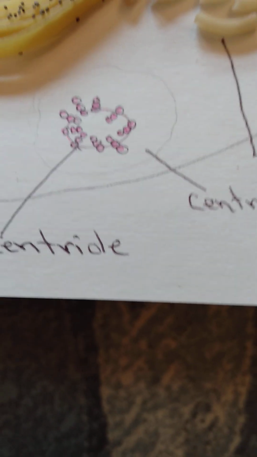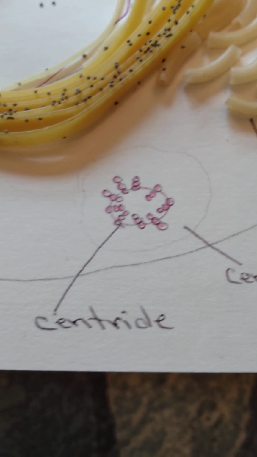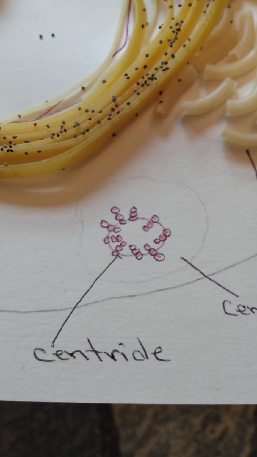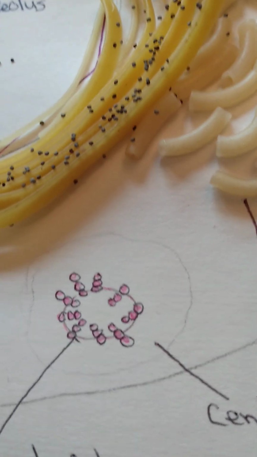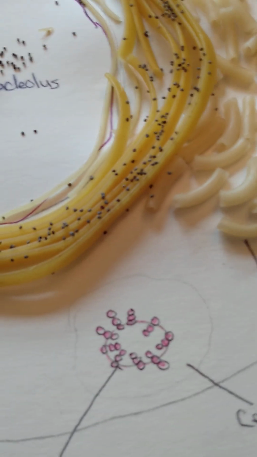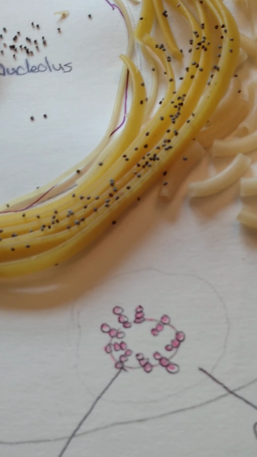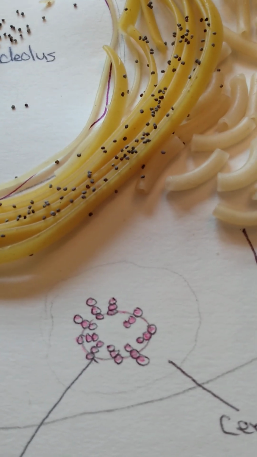The next organelle that I will speak of is the centriole. I am not an artist, cannot find food to represent the centriole, so here is my drawing. The centrioles, they're paired organelles. There's 9 groups of 3. They look like a pinwheel. They're used in cell division.